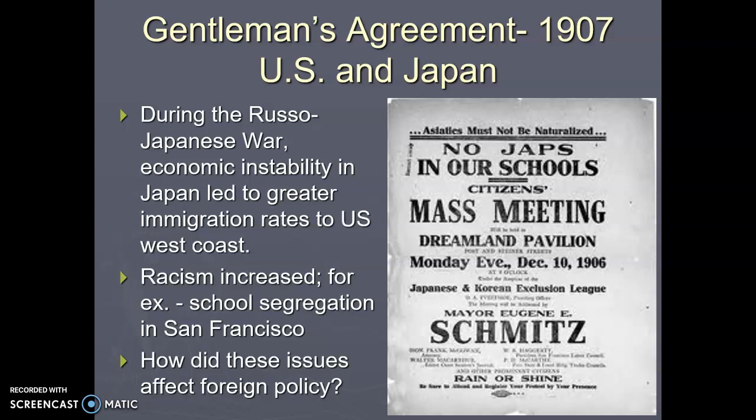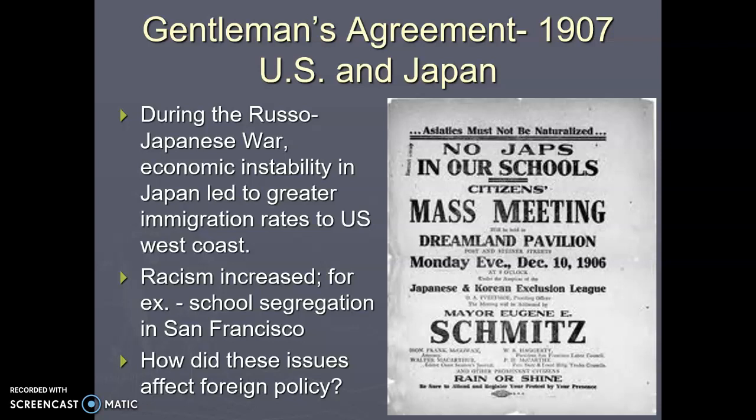So it is kind of a contentious issue. The issues over immigration and the treatment of immigrants become something that gives Japan some increased power, in a sense, to be against the United States. So the U.S.-Japan relationship is going to be very affected by these domestic issues.